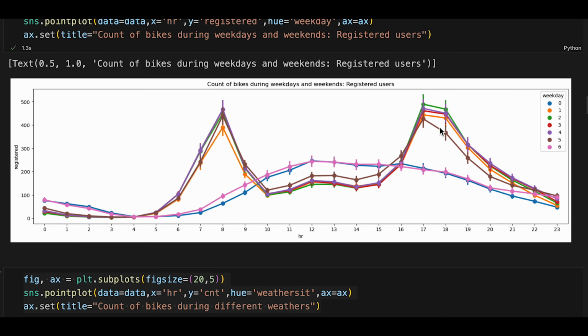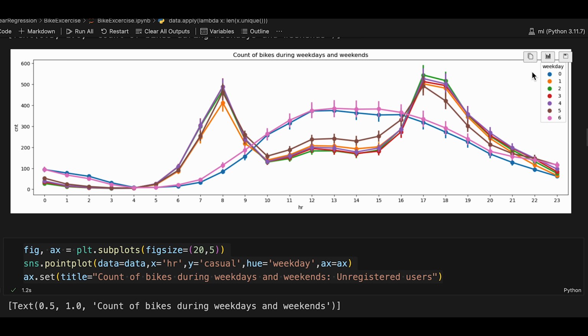Before moving on to the other graph, do you think this particular encoding is correct or not? Basically, all the weekdays got encoded, right? Sunday got encoded with 0, Monday got encoded with 1, and Tuesday got encoded with 2, like that. Each of the days of the week got encoded like this. But do you think it is a correct encoding?